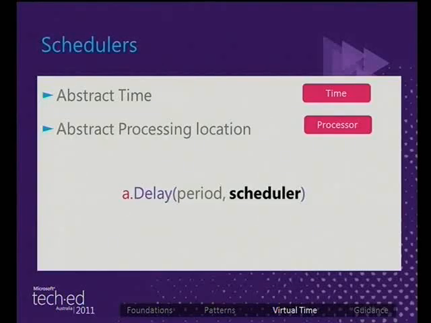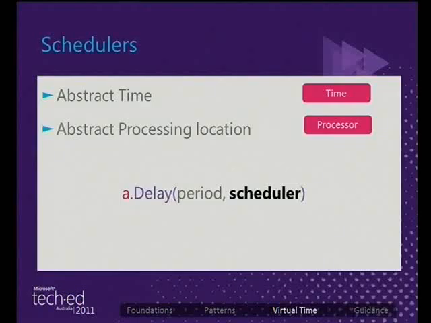It also allows you to control concurrency as well. The scheduler you use can determine what kind of concurrency you're introducing. For example, you can say use the thread pool, which introduces concurrency.